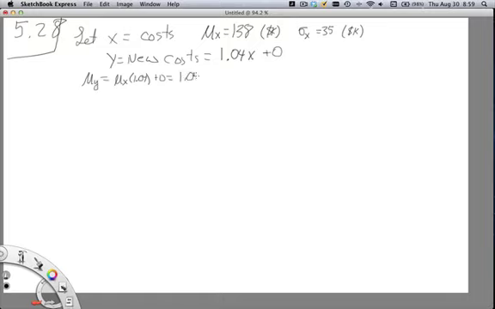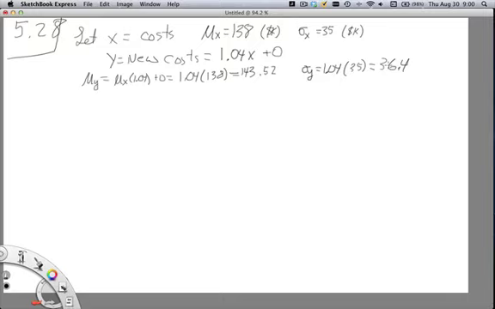Well, 1.04 times 138 is equal to 143.52. What happens to our standard deviation? The new standard deviation of the costs equals 1.04 times the old standard deviation. The old standard deviation is 35. And so the new standard deviation is $36,400. And that's all there is to it.